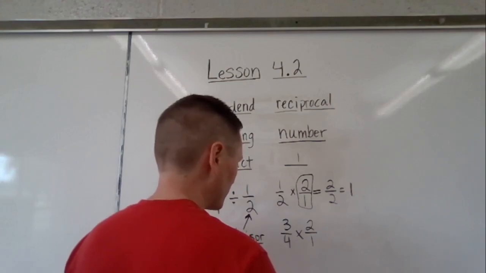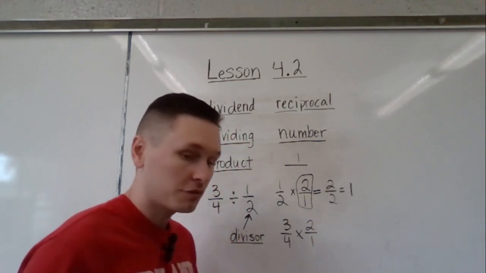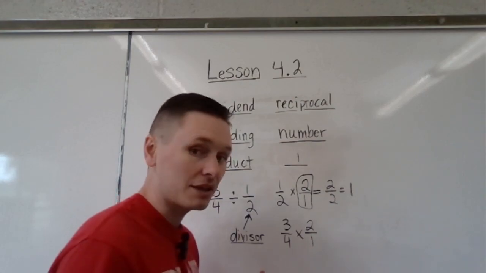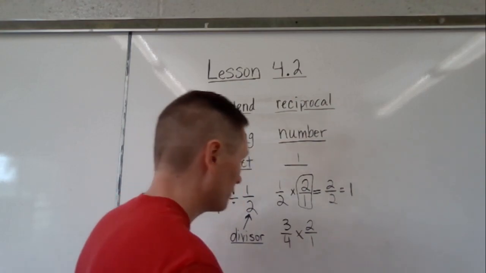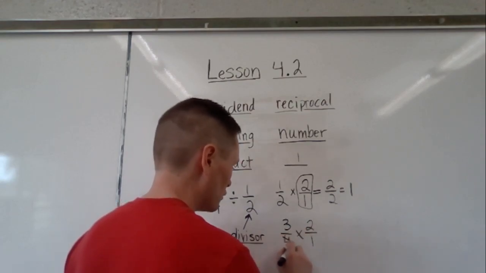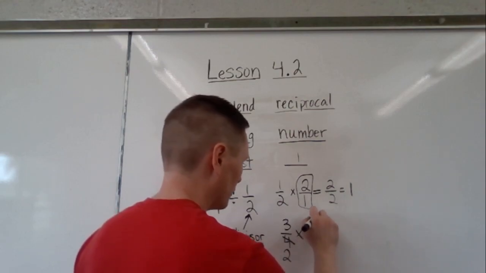So I asked myself, can 1 fit into 3? Well, yes, but does that really help us if we're simplifying with 3 and 1? Because 1's already as simplified as it gets, so it's not going to help us. Then I say, can 2 fit into 4? And that question is yes. 2 fits into 4 2 times, and 2 fits into itself once.